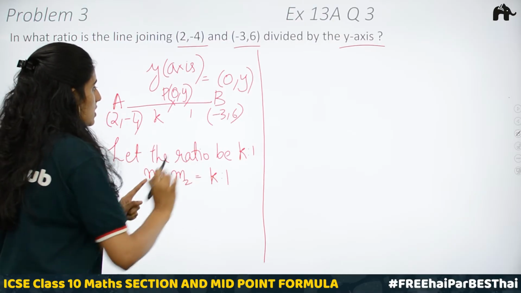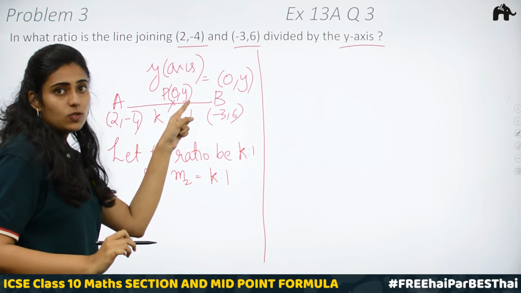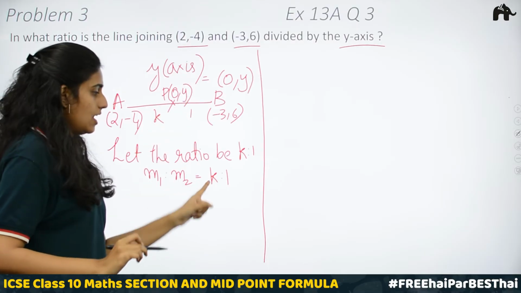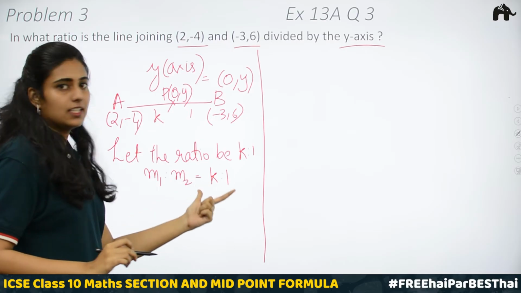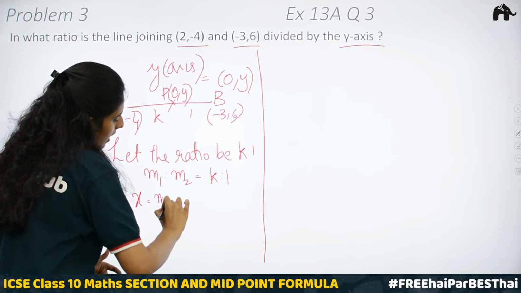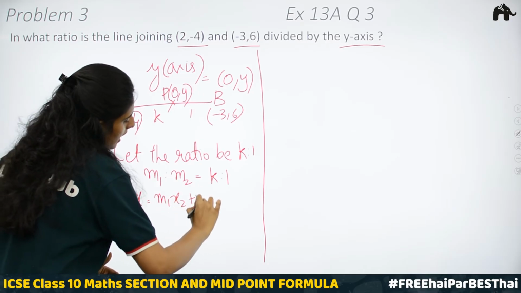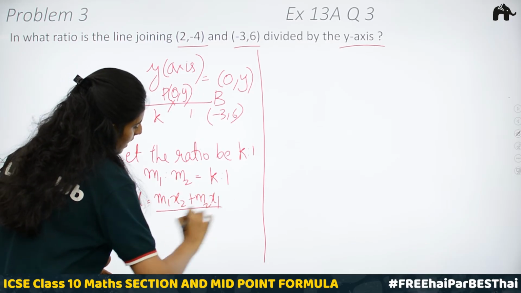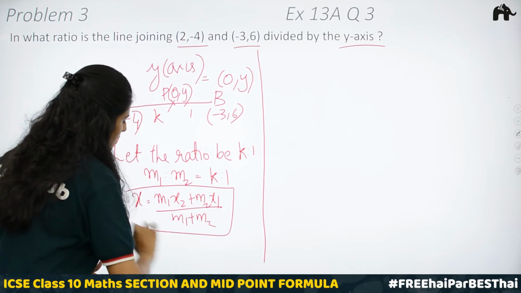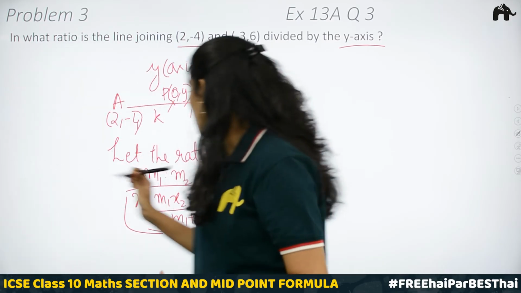Now what we have to do? In this question, we have the x coordinate equal to 0. This x coordinate will help us find the value of k. By finding the value of k, we can get the ratio. X is equal to M1 x2 plus M2 x1 divided by M1 plus M2. Now put values. What is the value of M1 here?